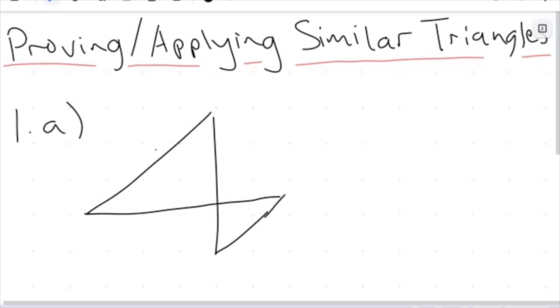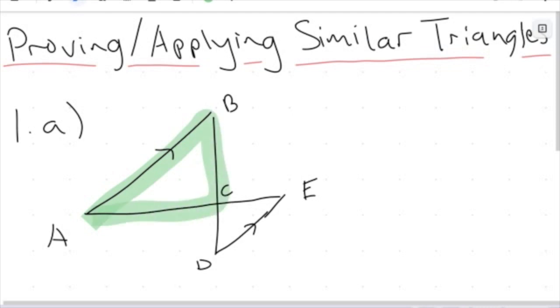All right, now, don't mind these badly drawn triangles, but here we have A, B, C, D, E, and we want to prove that this triangle is similar to this one down here.